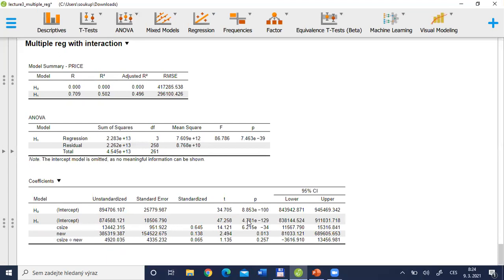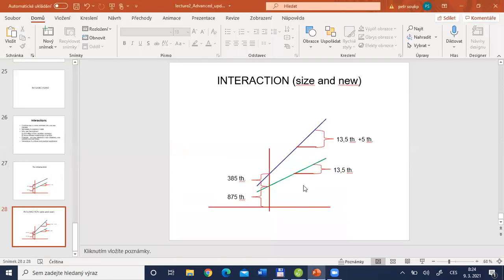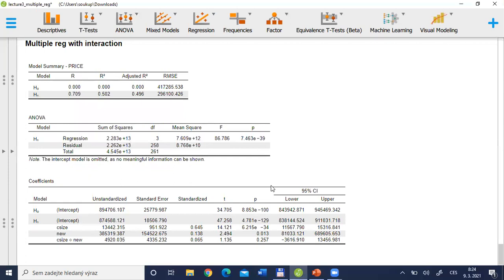If you have a look at these figures, so it means t's, p's, or confidence intervals, the question is whether this picture, so it means the difference for new flats and old flats by slopes, not only by intercepts, is good for my data, or whether this generalization is maybe wrong.